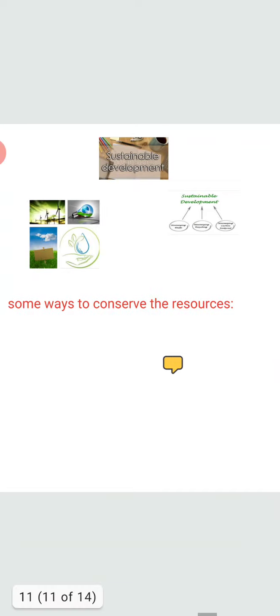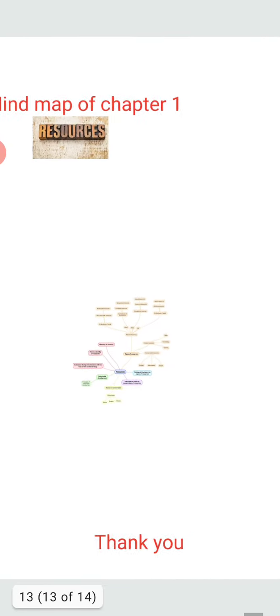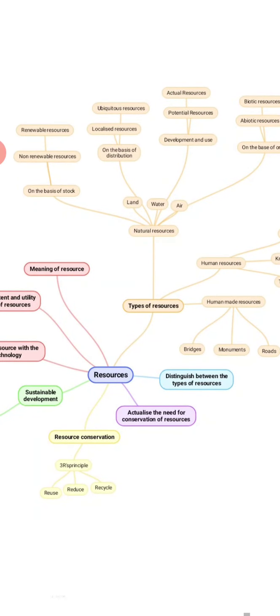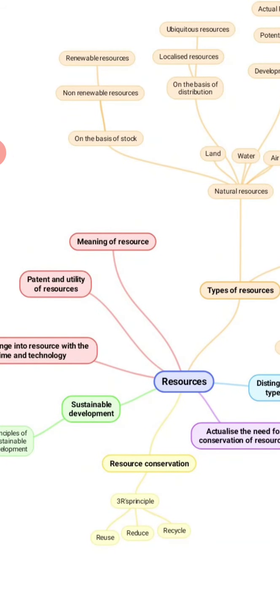Now let's see again the mind map of the chapter Resources. In this chapter, first we have learnt the meaning of resource. What is a resource? Anything that can be used to satisfy a need is a resource. Then we have learnt patent, utility and value.